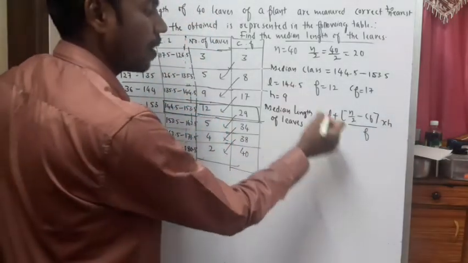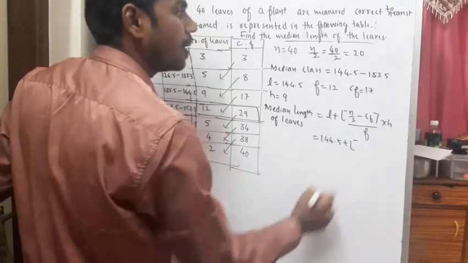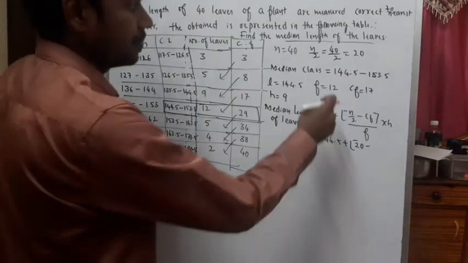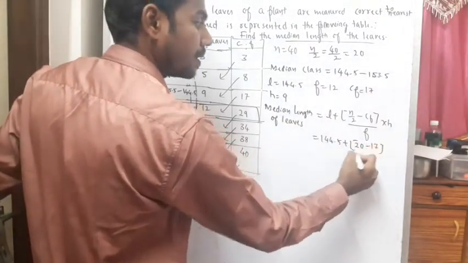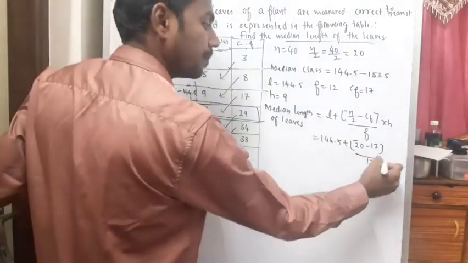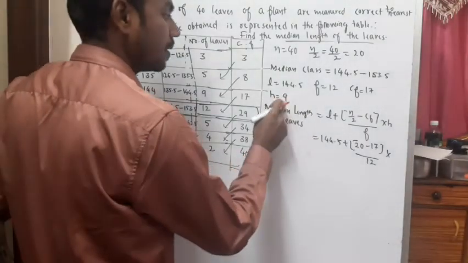L is 144.5, plus what is n by 2? 20, minus CF, which is 17, divided by the frequency, 12, into the size, which is 9.